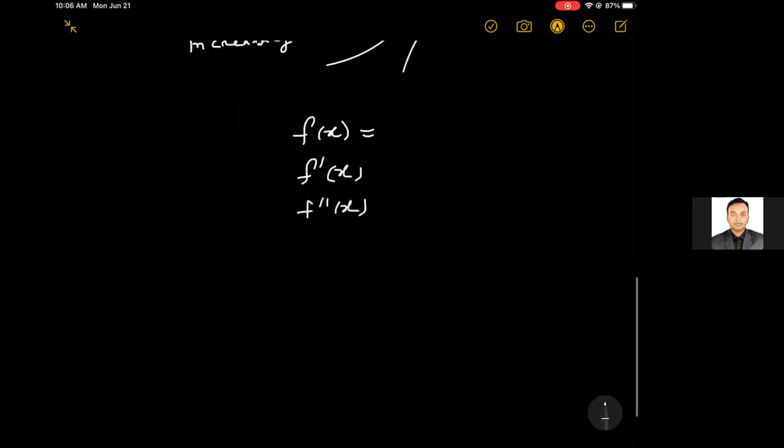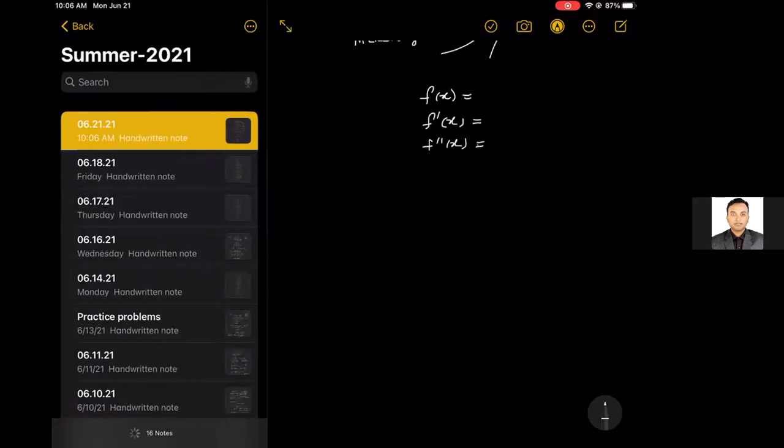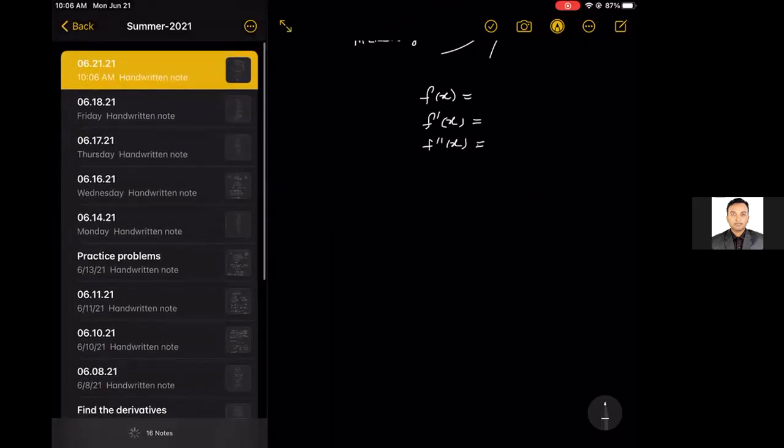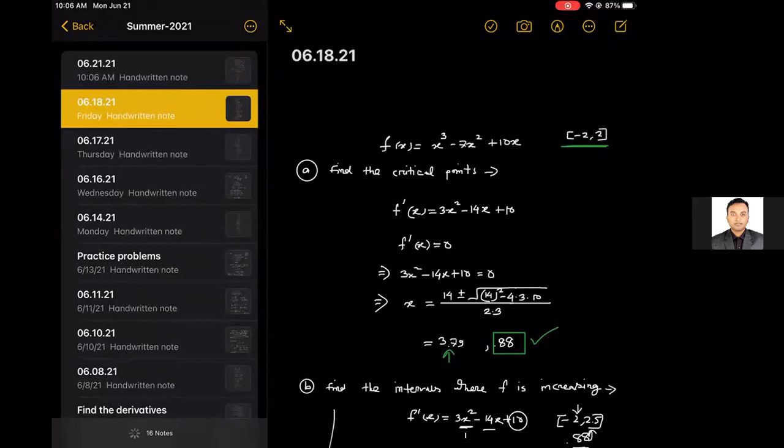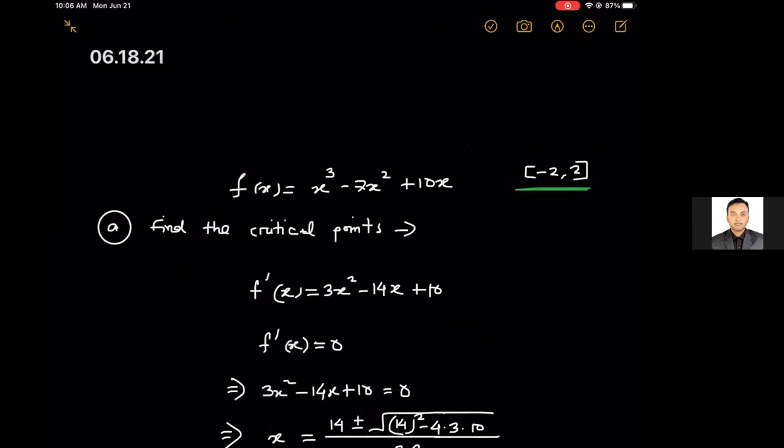I can set this to 0 and solve it for x. I myself can calculate the intervals of increasing, the concavity, and find all of this, right? I have shown you one example of how to do this for a function, where is that? Yeah, here we go, for this one.